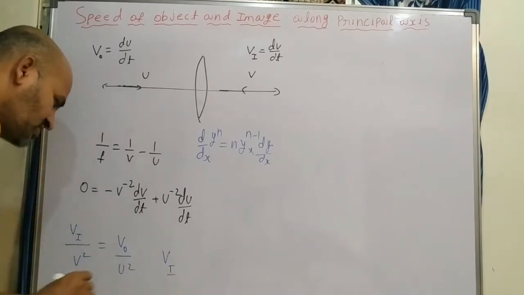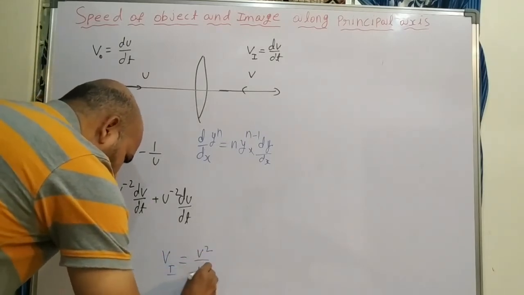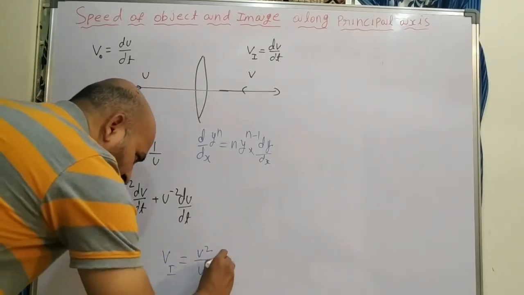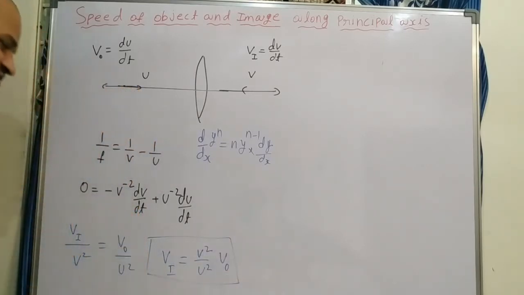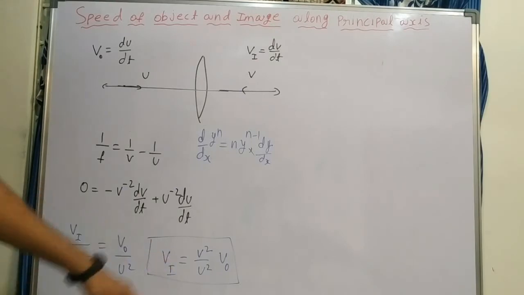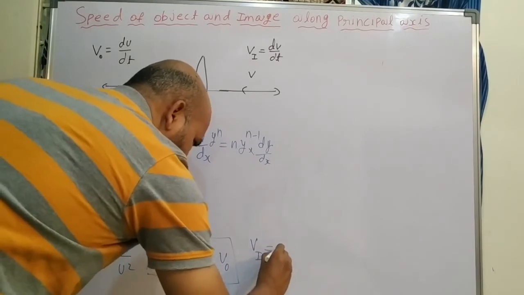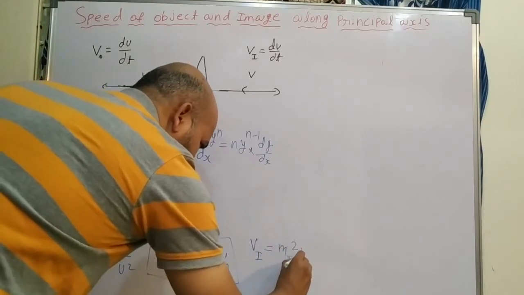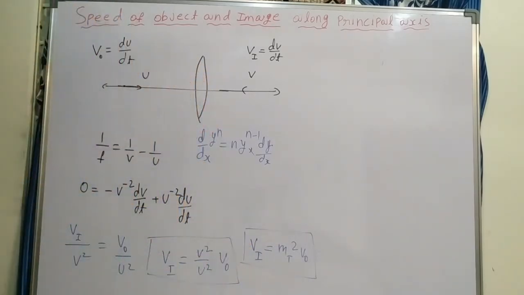Velocity of the image is equal to v square by u square into velocity of the object, which is nothing but the transverse magnification. So we can write velocity of the image is equal to mt square into velocity of the object.